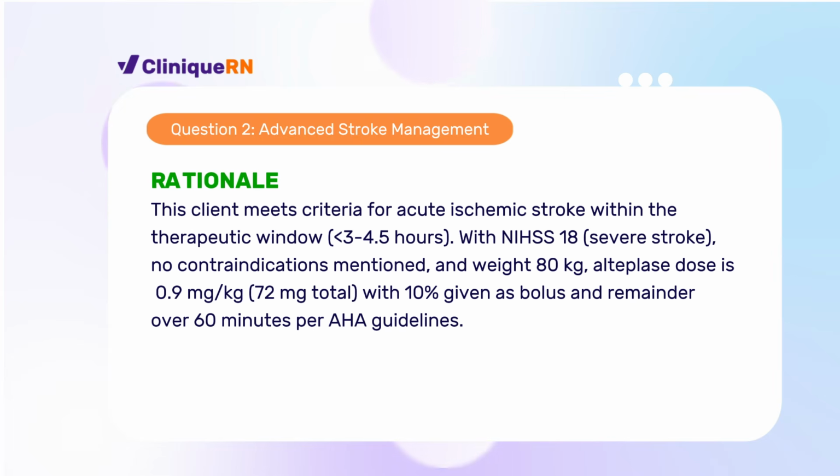With NIHSS 18, severe stroke, no contraindications mentioned, and a weight of 80 kilograms, the alteplase dose is 0.9 milligrams per kilogram, 72 milligrams total, with 10% given as a bolus and the remainder administered over 60 minutes, as per AHA guidelines.